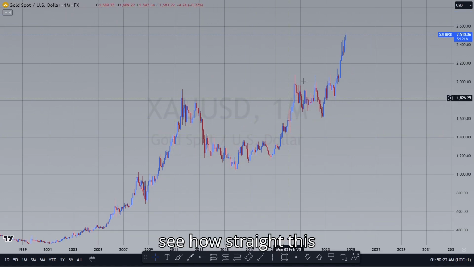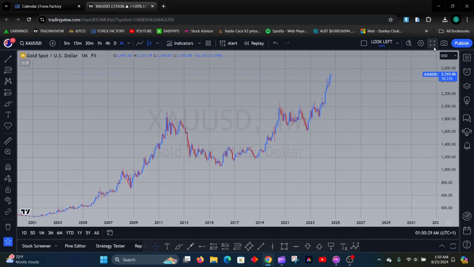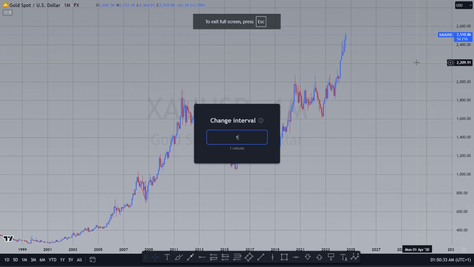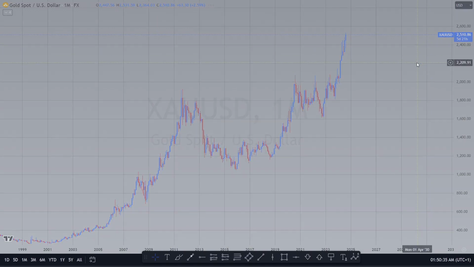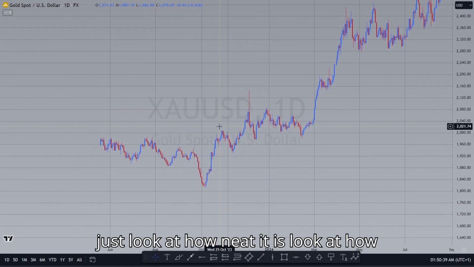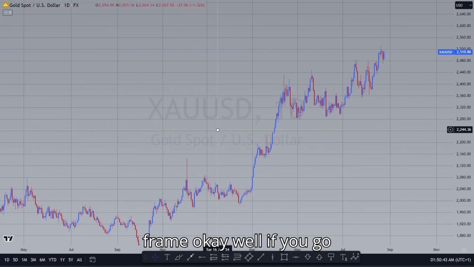Okay. So you can see how straight this trend is. Unlike, let's go on a daily time frame here. Just look at how neat gold is on a daily time frame.